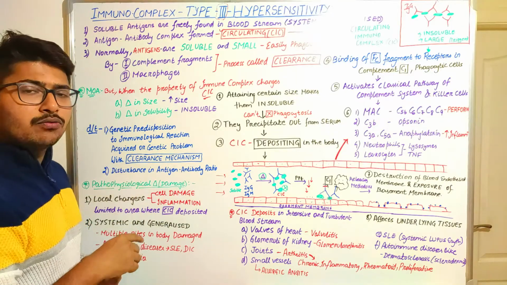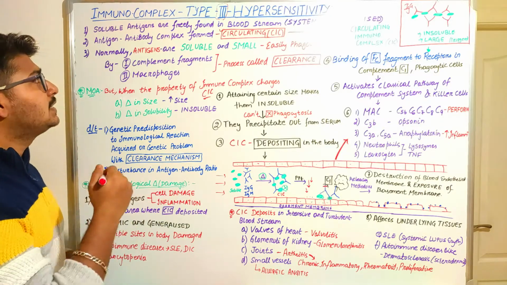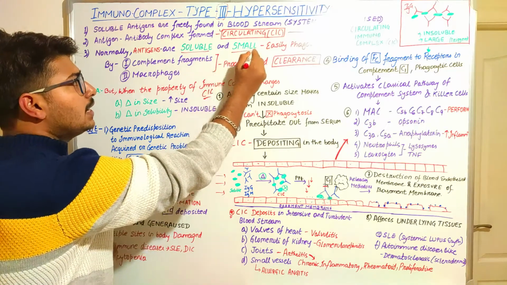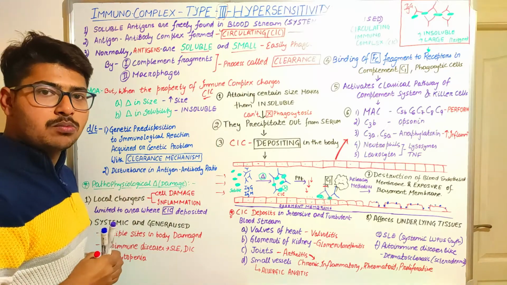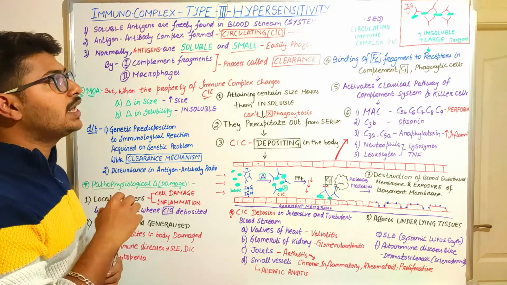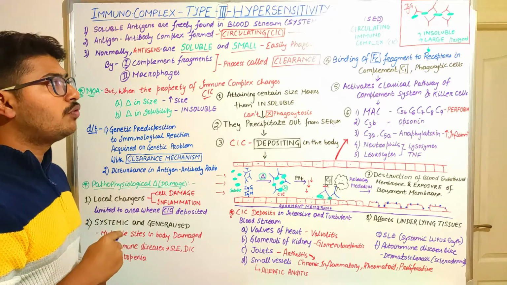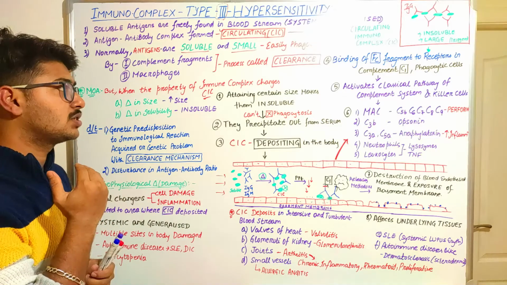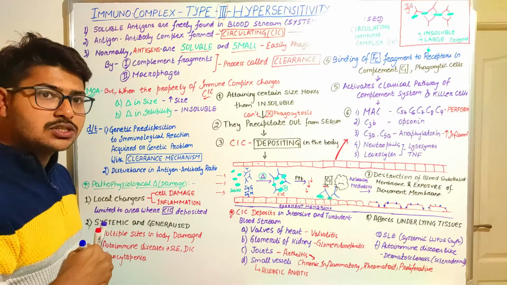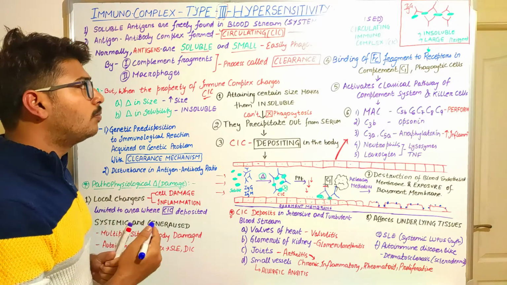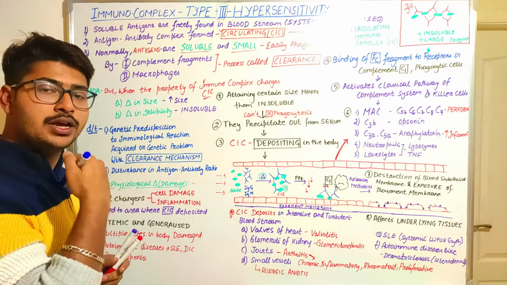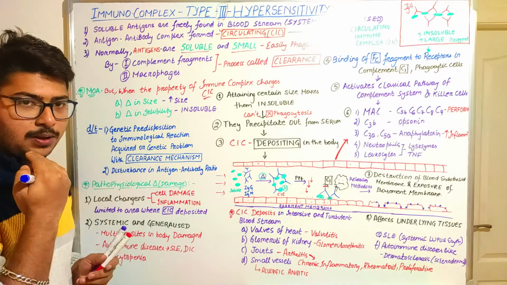Okay, and what are the features of those antigen antibody complexes? Yes, they are soluble and very small, or of a proper size through which they can be easily phagocytosed. So the immunocomplex that is formed can be easily phagocytosed in a normal condition or a normal healthy person.